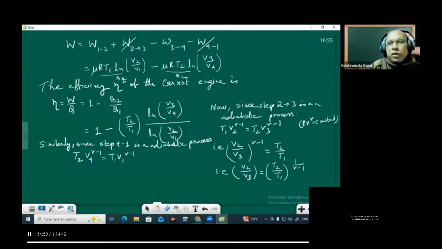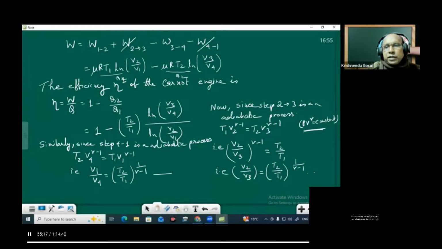From where we got all the relation from this equation, PV to the gamma equal to constant. So therefore what are we getting? V1 by V4 is equal to T2 by T1 to the power 1 by gamma minus 1.